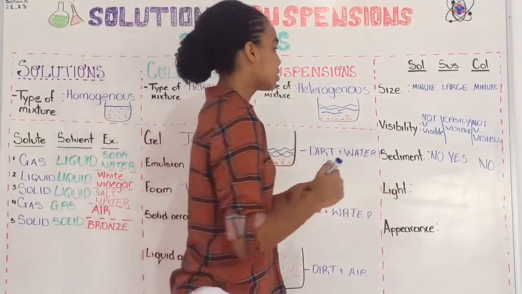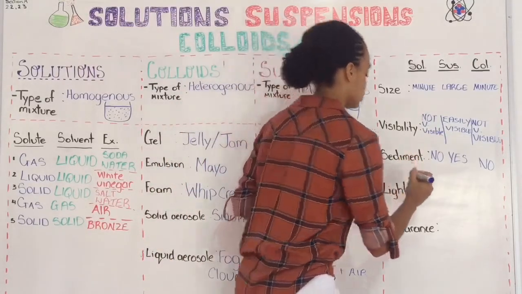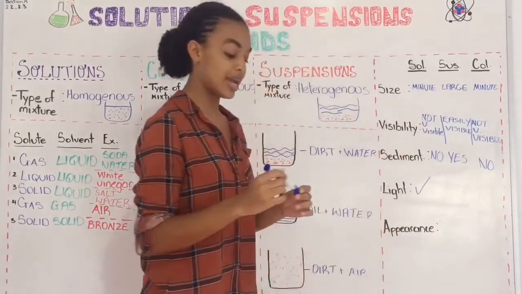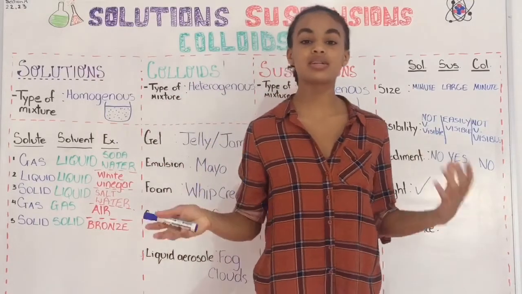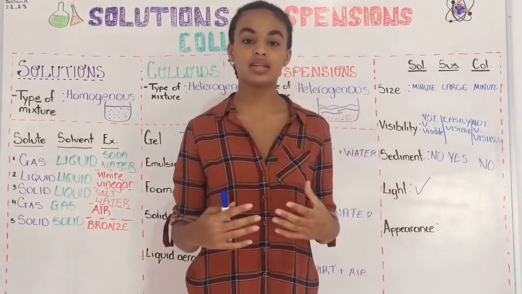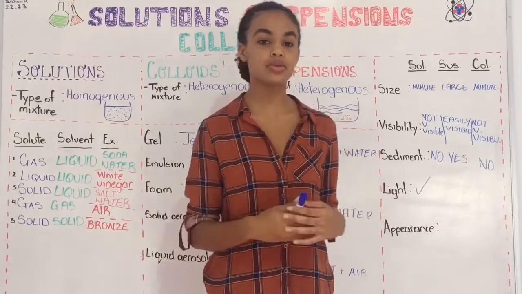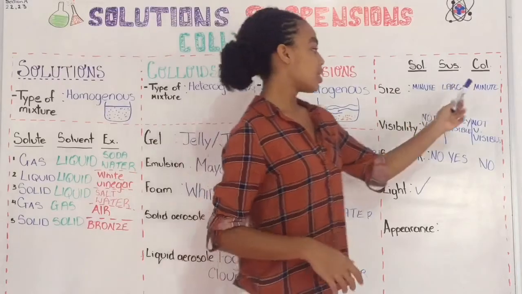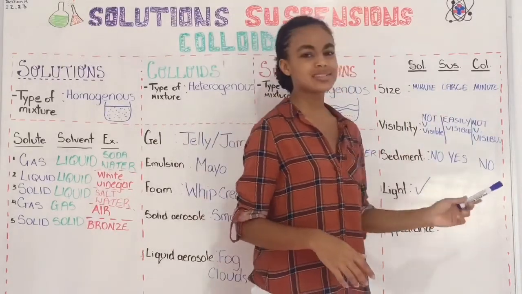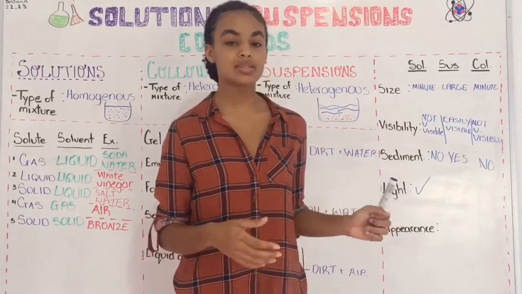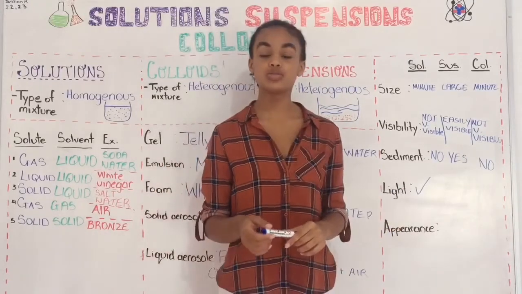Now light passes through, I'm going to put a tick on the solution. Light passes through solutions because the particles are so very tiny, they don't block the rays of light from passing through. So we say that light passes through solutions very easily. Light scatters when it passes through colloids because the particles are bigger than the particles in solutions.